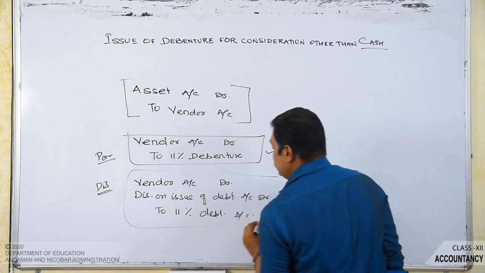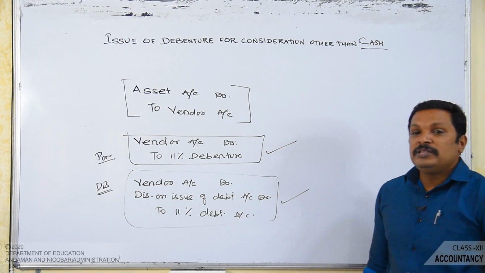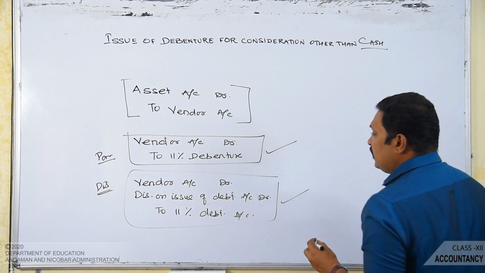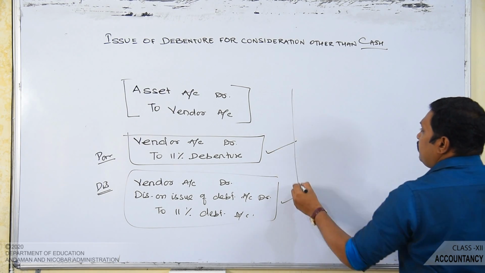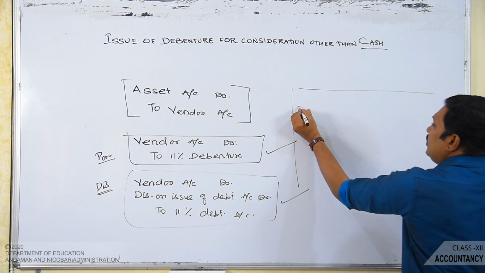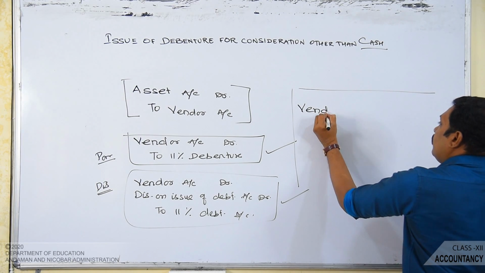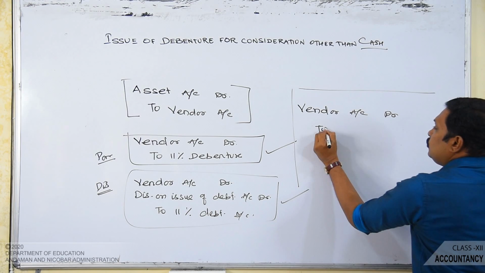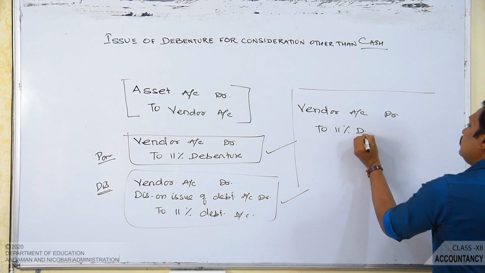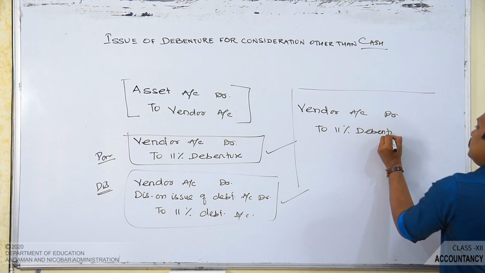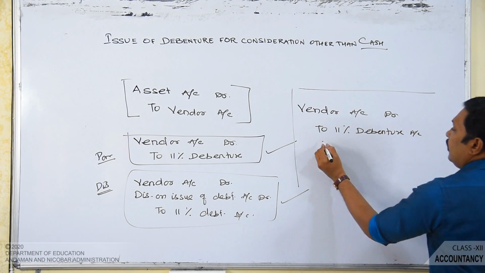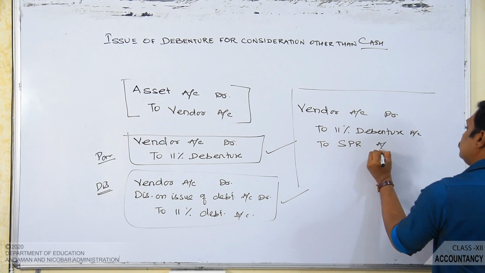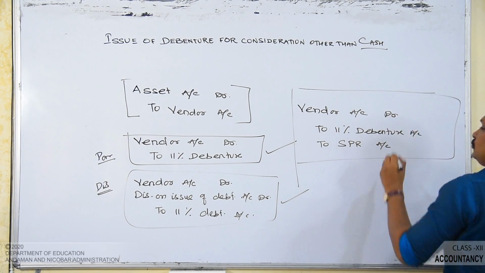This is the case when we issue debentures at discount. Suppose we are issuing debentures at premium, then the entry will be vendor account debit to 11% debenture account, and then lastly, securities premium reserve account. So these are the changes.